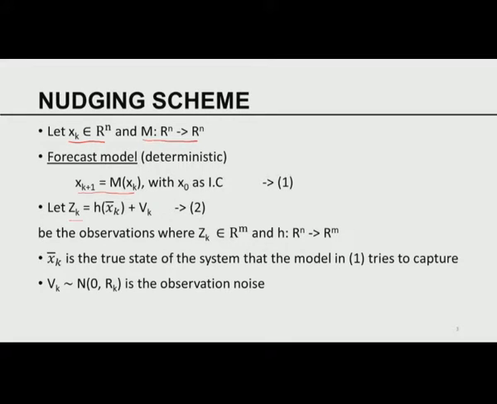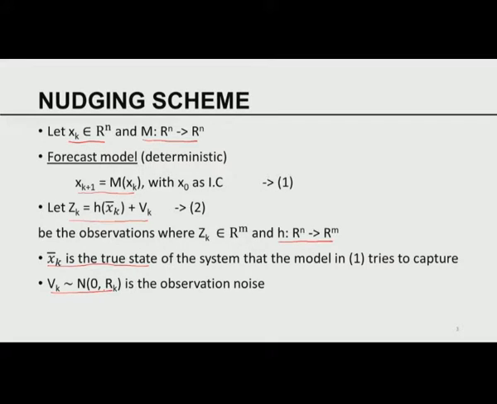The observations are again a nonlinear function of the state. x bar is the true state of the system that is not known. I only have information about the true state through the observation. v_k's are the observation noise, H is the forward operator. Again, I would like to emphasize the notion of a true state, and the observation noise is Gaussian, which is a standard setup.